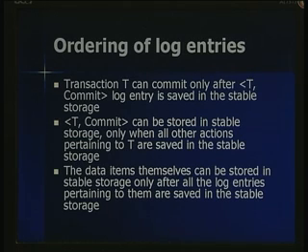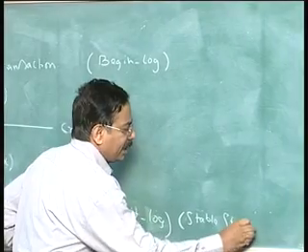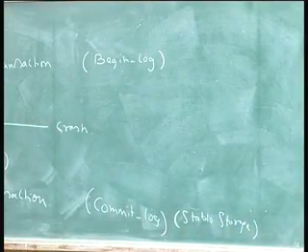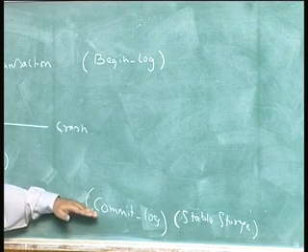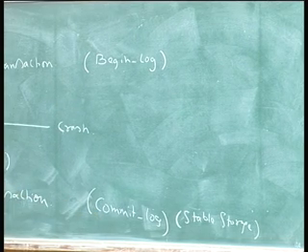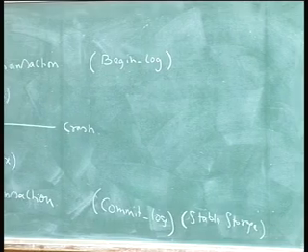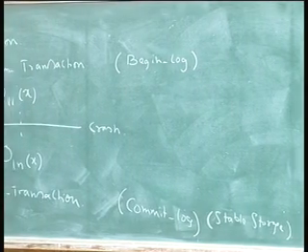This is equivalent to saying, as you can see here, when this commit log is actually written onto a stable storage, then we say the transaction is committed. This is the point where it is possible for the transaction now to say that it is committed.